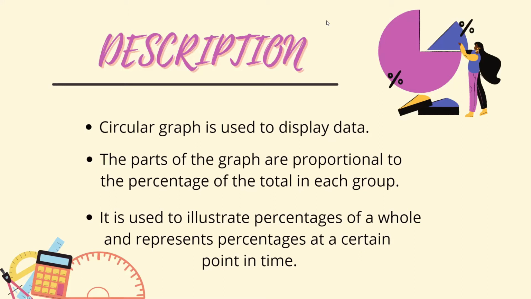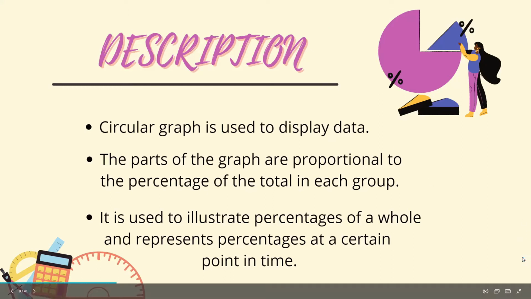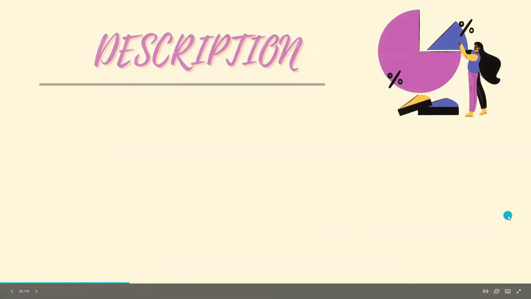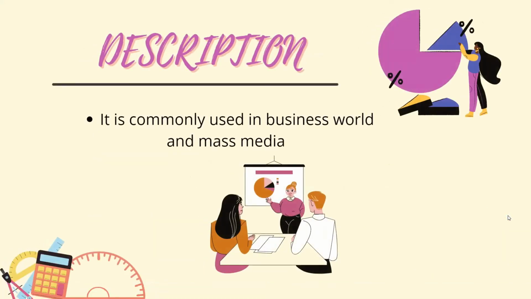So pie charts can be used to illustrate percentages of a whole, and they represent percentages at a certain point in time. Unlike other types of graphs, such as the line graph and the bar graph, pie graphs do not show changes over time. And lastly, pie charts or the circle graph are widely used in the business world and the mass media.